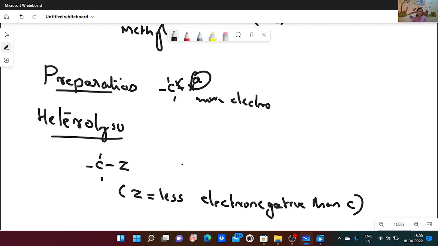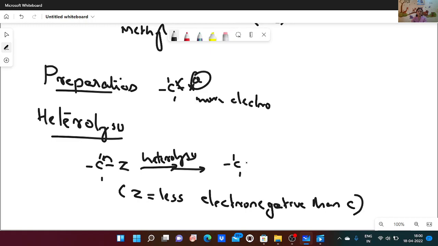So when a carbon atom is attached to a less electronegative atom, when heterolysis takes place, actually when it is less electronegative, it leaves and gives up the 2 electrons to the carbon atom.